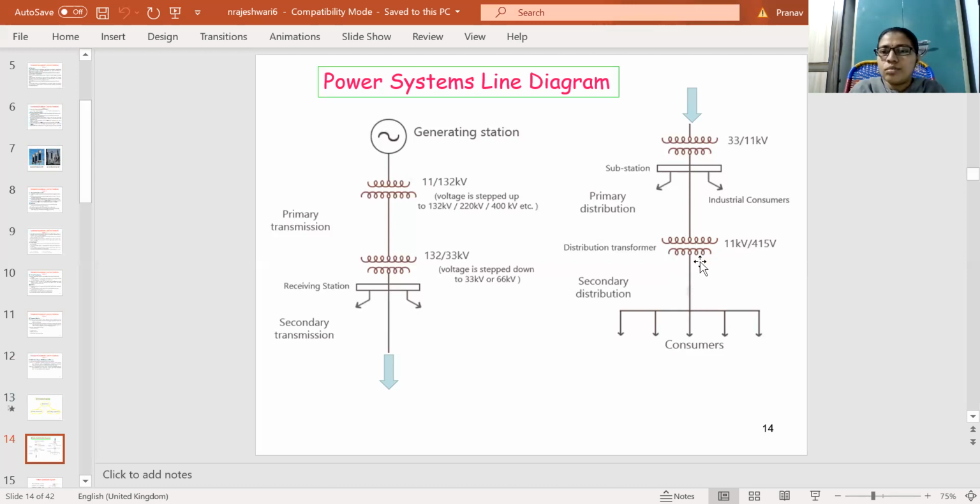This is the 415 volt line. Some of the consumers and industries are using these 415 volts.